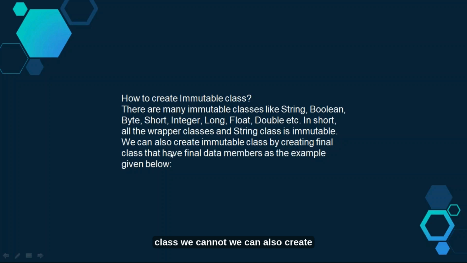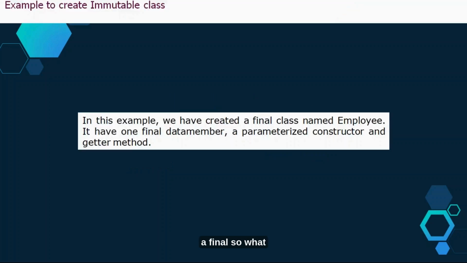We can also create an immutable class by creating a final class and having a final data member, as in the example below. So suppose that you want to create your own immutable class, you need to make your class final.